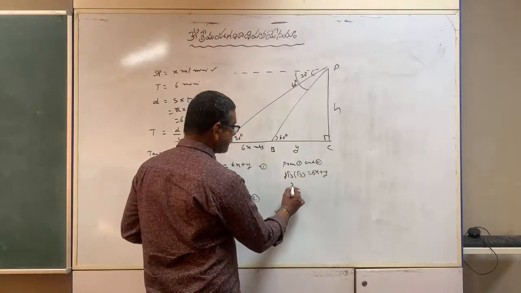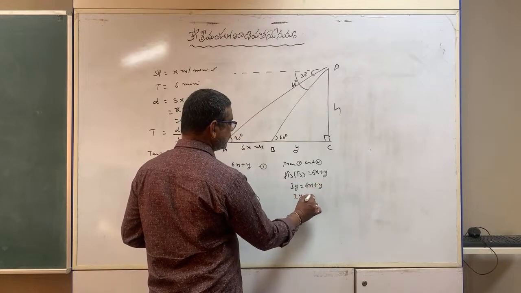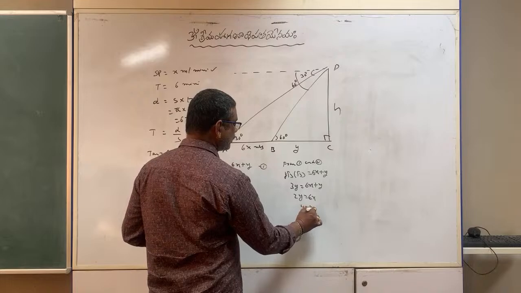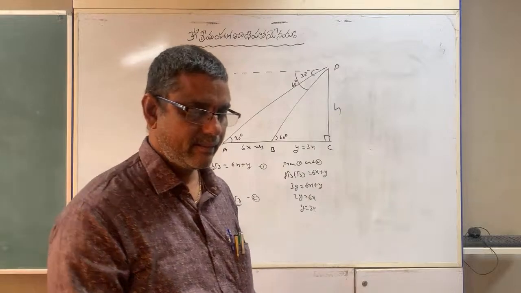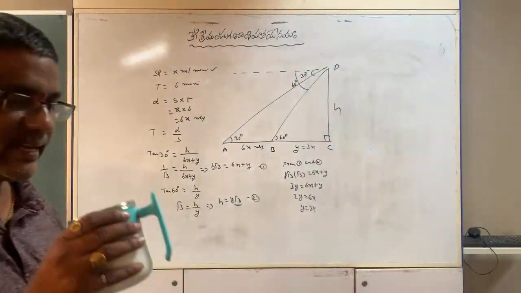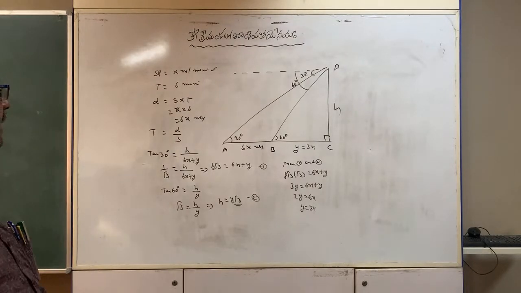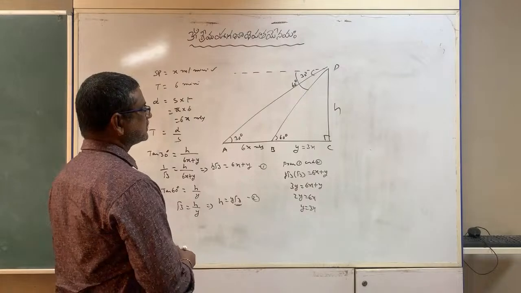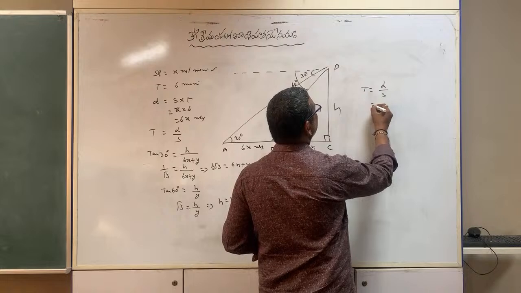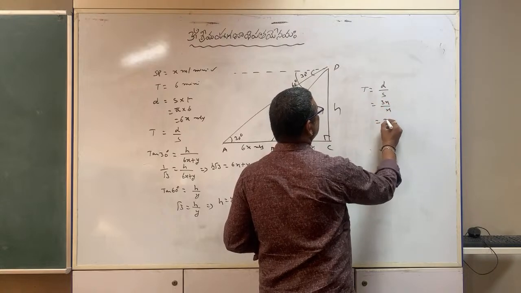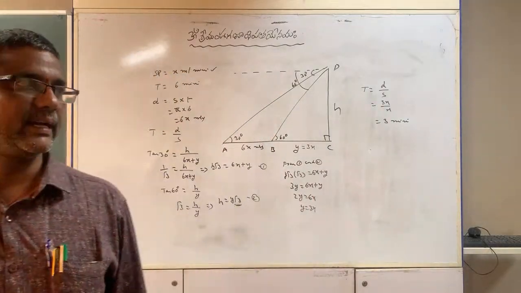So this is 3y is equal to 6x plus y. 2y is equal to 6x. y is equal to 3x. That is, the distance from B to C is 3x meters. Now, time taken is distance by speed, 3x by x, 3 minutes. So the first question answer is 3 minutes.